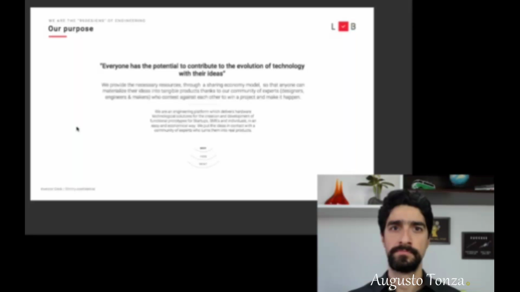I have to do small IoT products. Anything that can fit in kind of a 15 by 15 centimeters cube, and that can be a development on an existing product. So that's the kind of thing that we can do. The idea is that in the future we can do bigger scale products, but at the moment, that's what we can do.